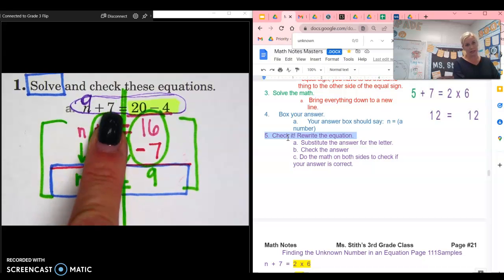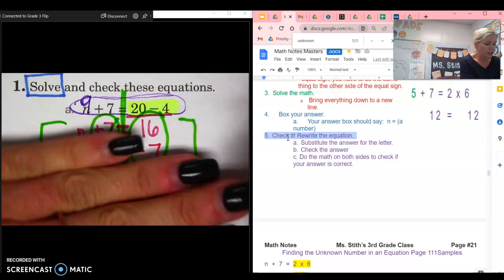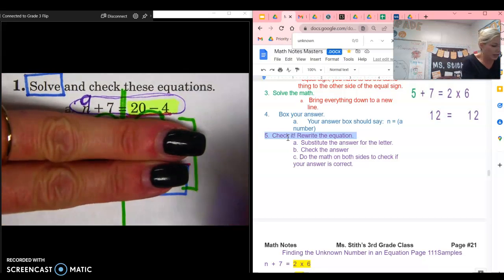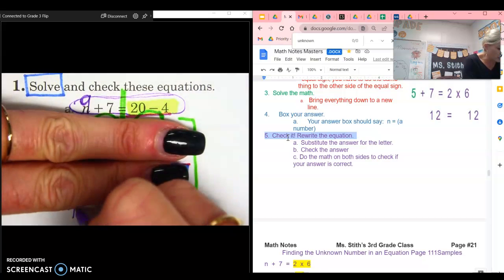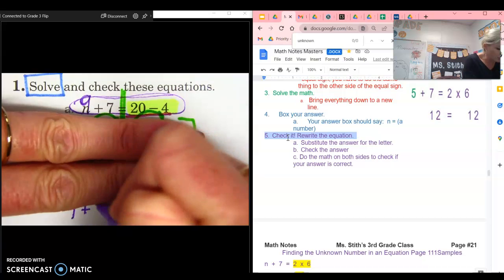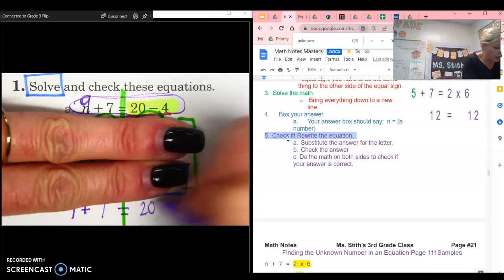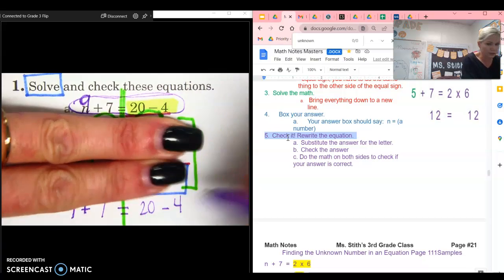But that's really messy. So what should I do to help myself not be confused? I'm going to rewrite it down here. So looking at this, and you can ignore all of this part, I'm going to rewrite 9 plus 7, because I'm copying exactly, equals 20 minus 4.